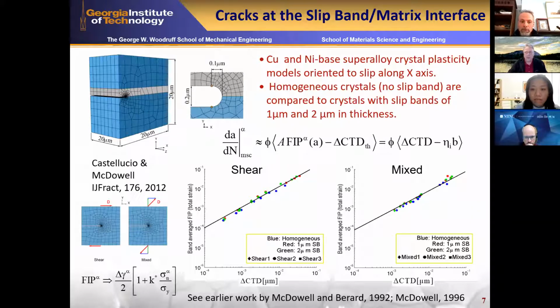And in both cases, for both cyclic shear loading of the crystal and for mixed mode loading, you can see at lower right that the cyclic crack tip displacement measured just 1 or 2 microns behind the crack tip correlated very well with the Fatemi-Socie parameter.